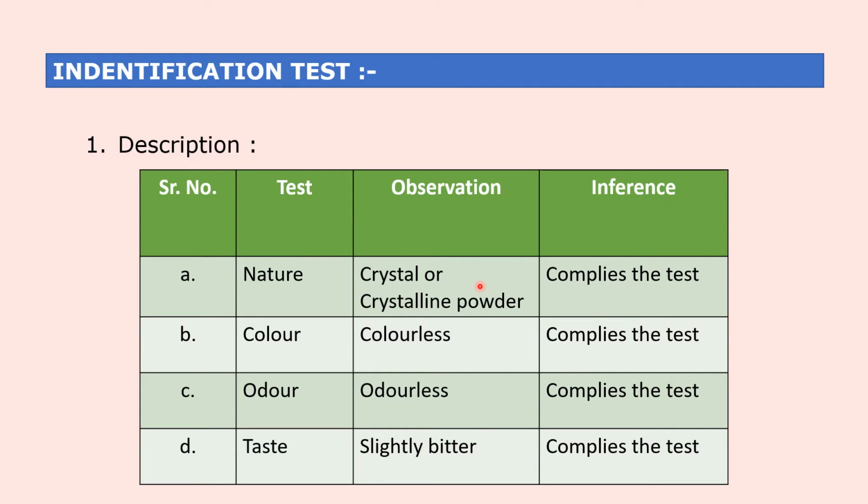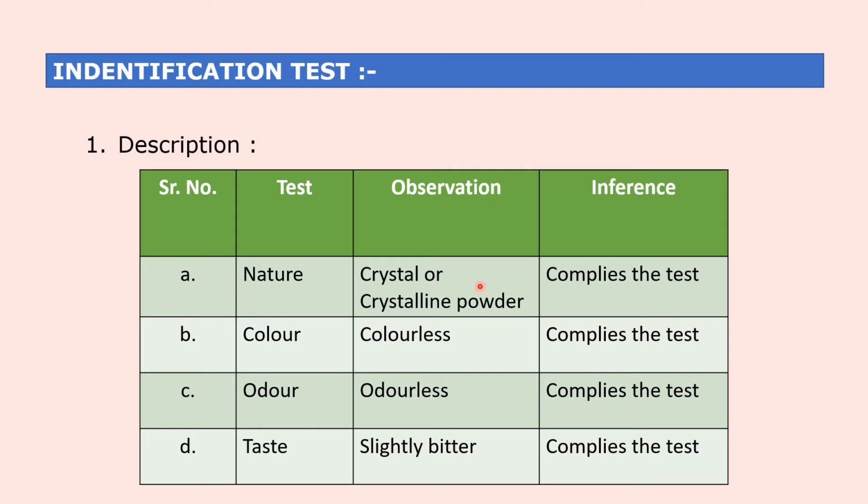If you see the monograph of paracetamol in Indian Pharmacopoeia, and the description part, you will see that it is given in this way: paracetamol is white crystals or crystalline powder, odorless, colorless, and slightly bitter in taste.